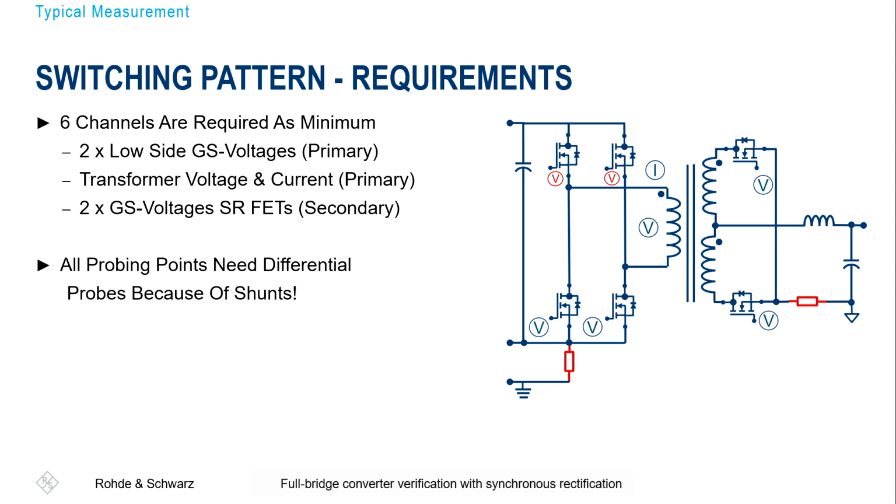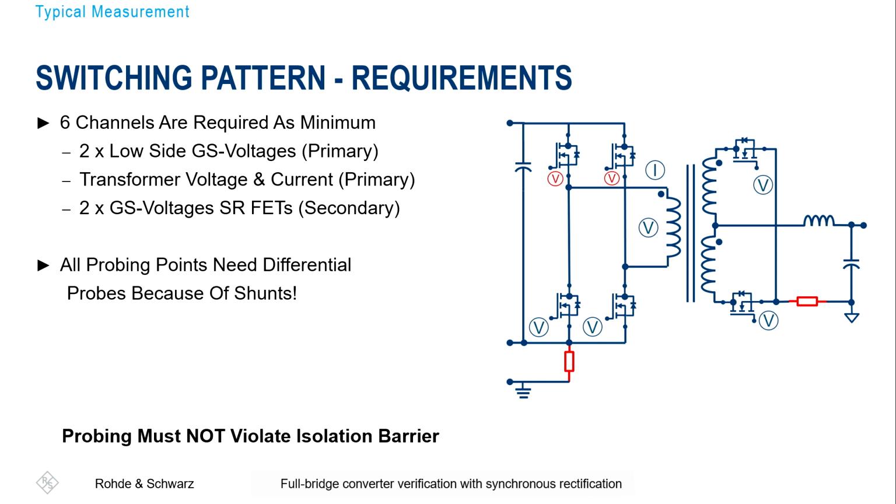So this is quite sure. And therefore, I really recommend, and in my assumption it's a requirement, that we need differential probing to avoid these kinds of problems. Another point is that it's not only the shunt which matters.